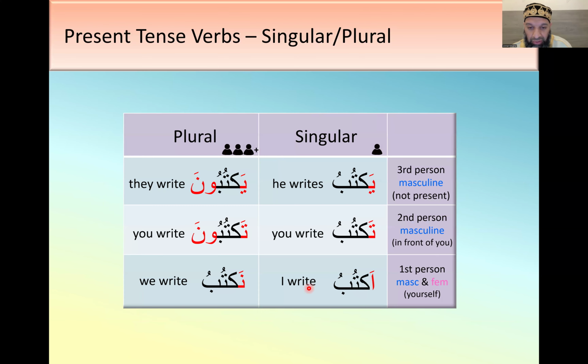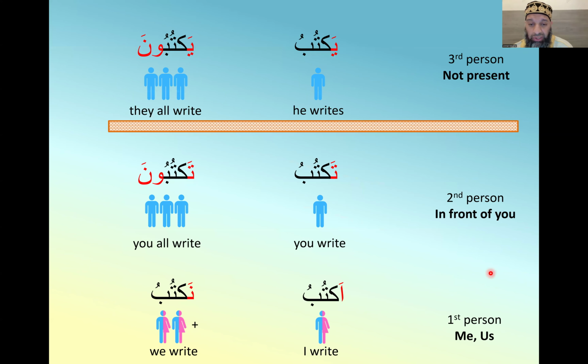I. You, it begins with ta. The ya is third person. And the noon is you and everybody else. So it's like a, ta, ya, and na, all of us. Hope that's an easy way. And that's the main thing you need to know for present tense verbs, inshallah.